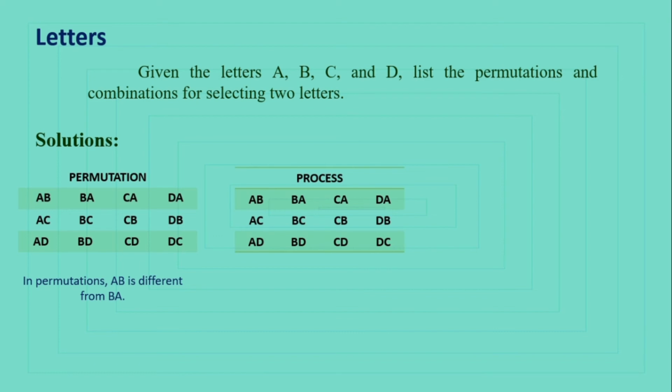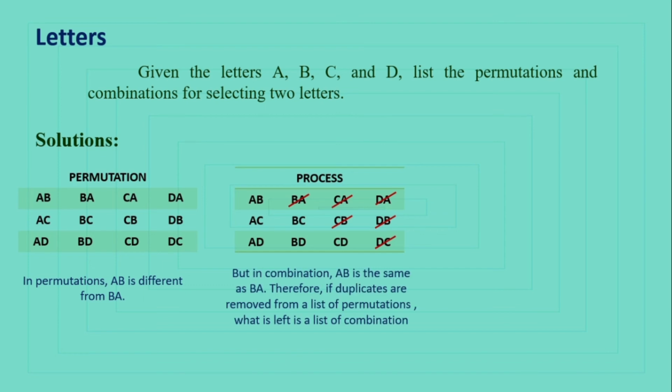The process to get the combination is that we cancel out letters which have a duplicate, like AB and BA, AC and CA. So we cancel out BA, CA, CB, DA, DB, and DC, because in combination, AB is the same as BA.